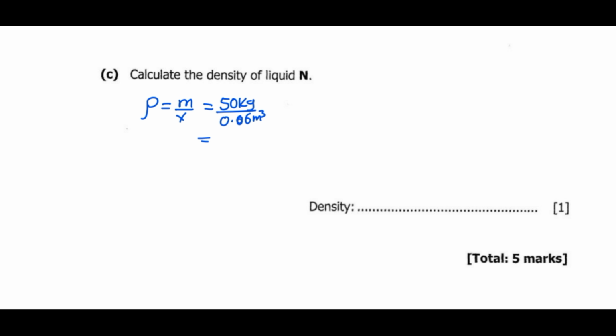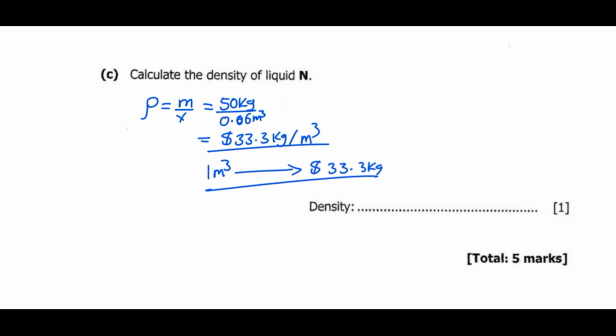So 50 divided by 0.06, I'm getting 833.33 kg per cubic meter. Also this means that per cubic meter of liquid N there is a mass of 833.3 kg. So this is what it implies.